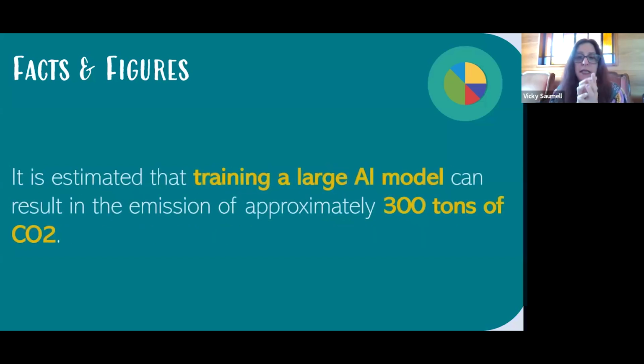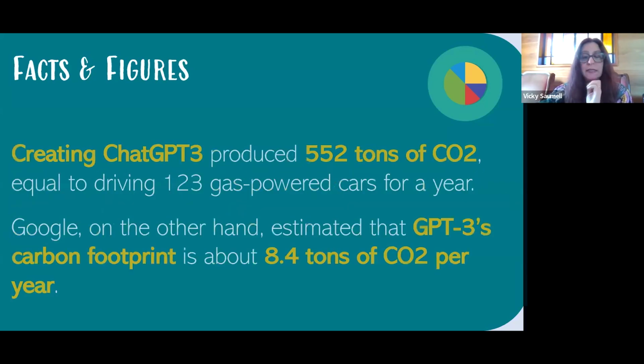It's estimated that training a large artificial intelligence model can result in 300 tons of carbon dioxide. If we look at ChatGPT in particular, creating ChatGPT produced 552 tons of carbon dioxide.